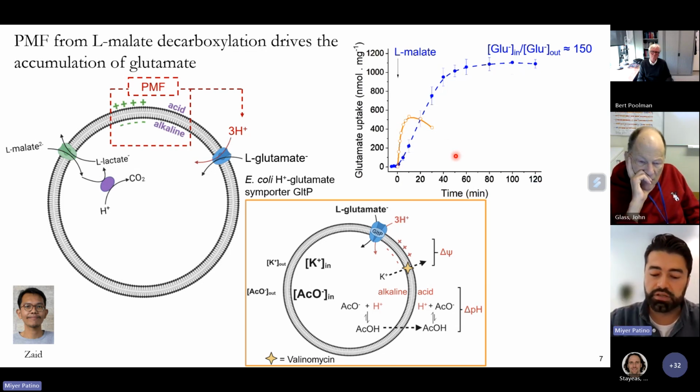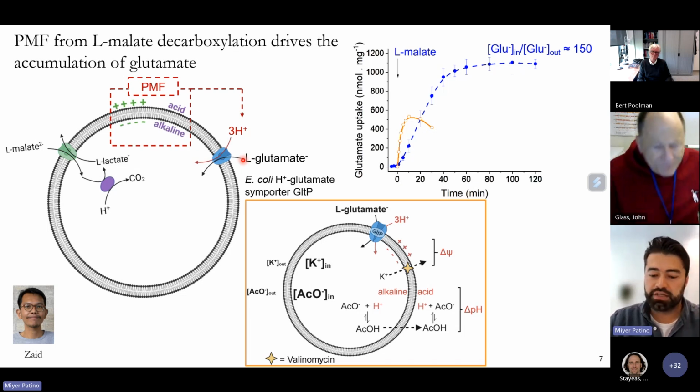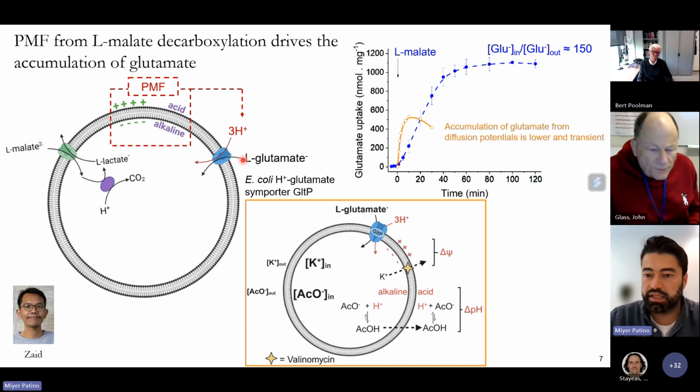With this, we want to highlight that the malate decarboxylation system, together with proton substrate symporters, can be a robust and efficient system to generate gradients in a synthetic cell, in synthetic lipid vesicles.